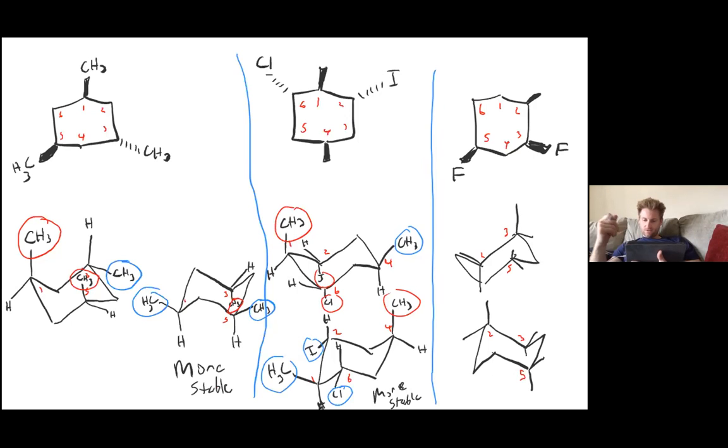All right, let's take a look at the last one. Position 2, we have a wedge CH3, so that one should be going up. Position 3 is a fluorine wedge, so it should be going up. And then position 5 is a fluorine wedge again, so it should also be going up.